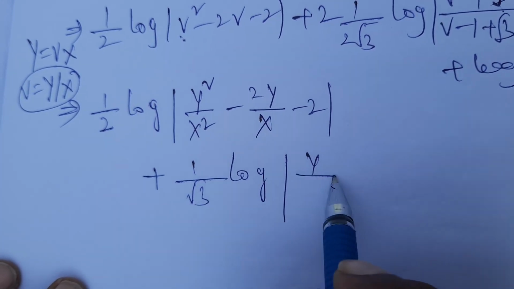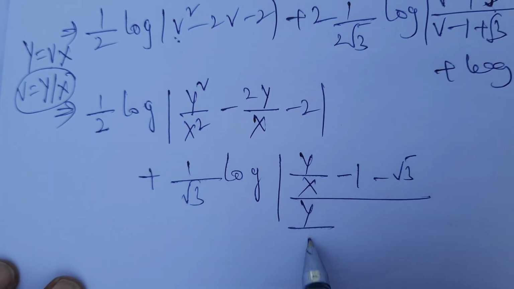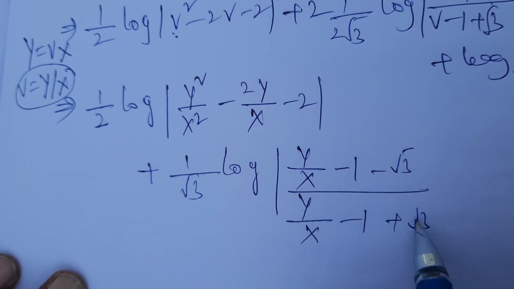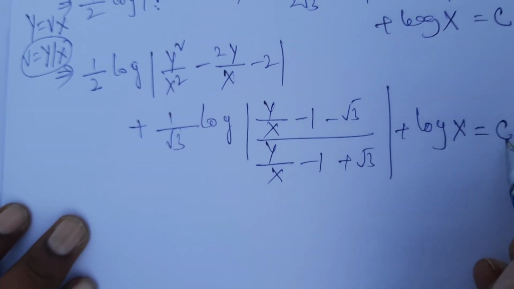(Y/X − 1 − root 3)/(Y/X − 1 + root 3), plus logarithm of capital X is equal to c.